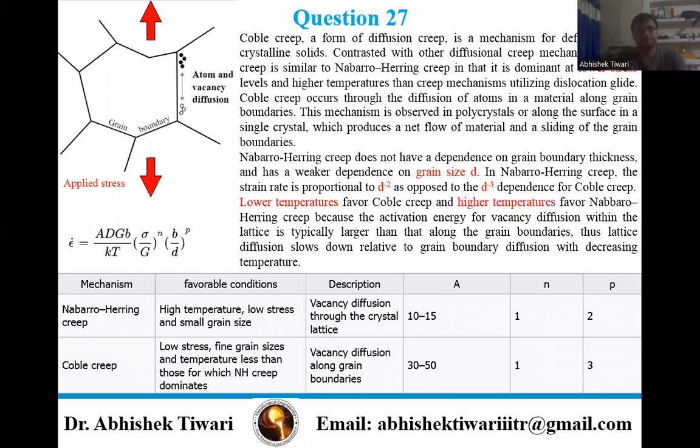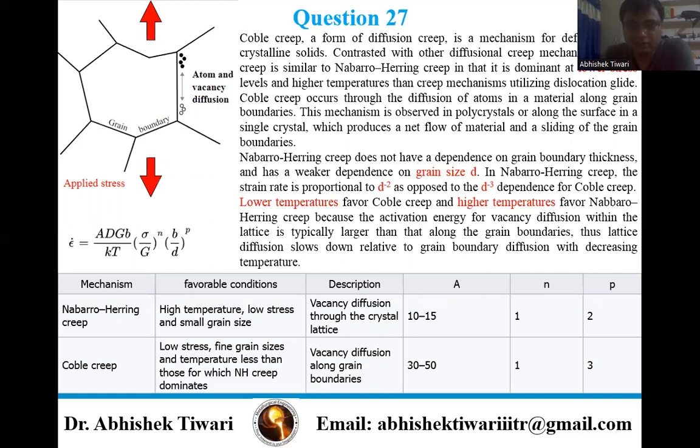Now, Coble creep is a form of diffusion creep, and Coble creep is a mechanism for deformation of crystalline solids. Contrasted with other diffusional creep mechanisms, Coble creep is similar to Nabarro-Herring creep in that it is dominant at lower stress levels and higher temperatures than creep mechanisms utilizing dislocation glide.